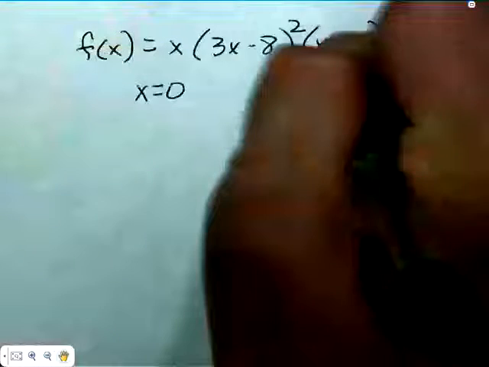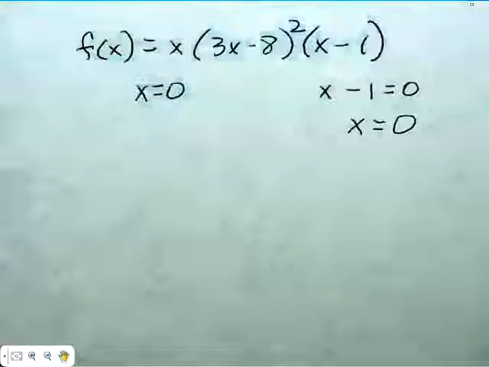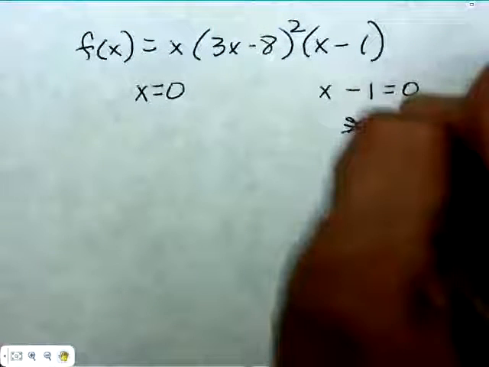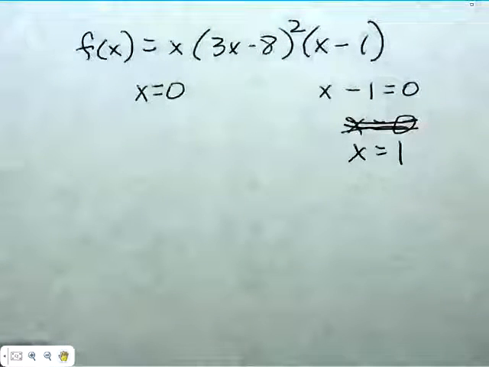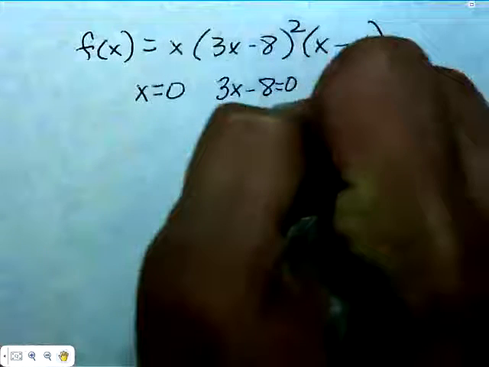The thing that killed me, I think only one person, maybe 2, set 3x minus 8 equal to 0 and got 8/3.